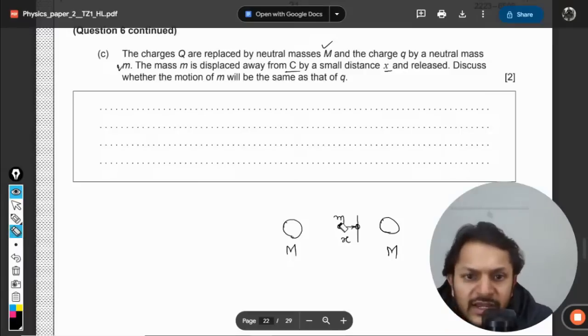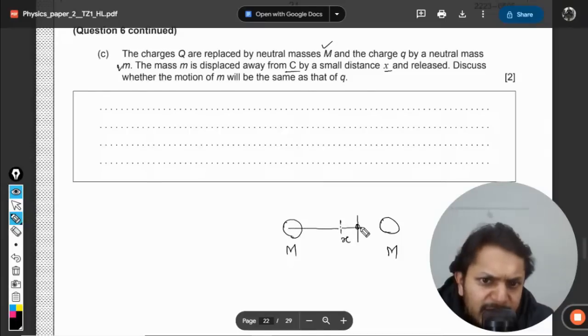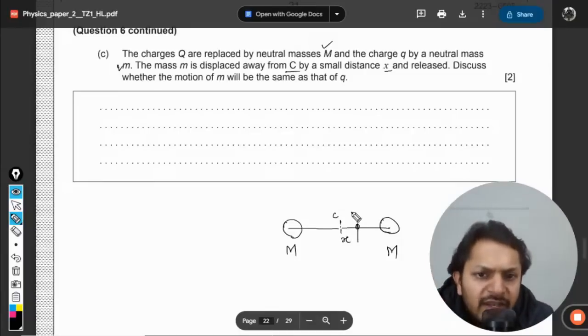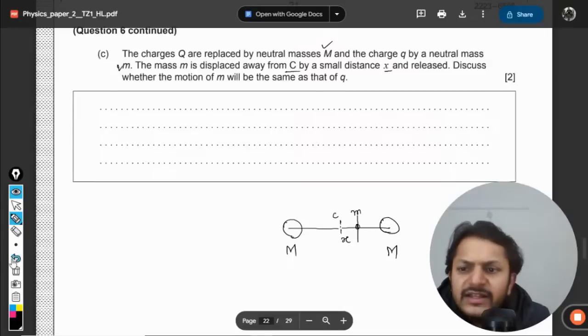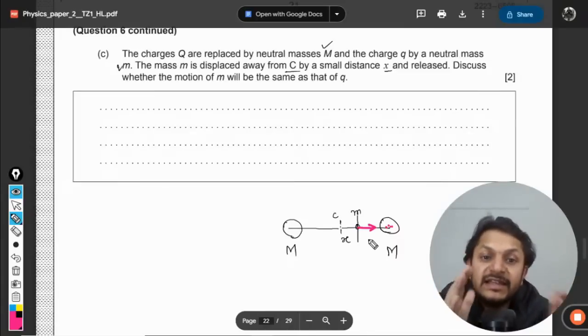So if you take this as the position C, this point will be there. When the mass is here, we can clearly see that this mass will be applying a force of attraction, and that will be bigger because the distance is lesser.